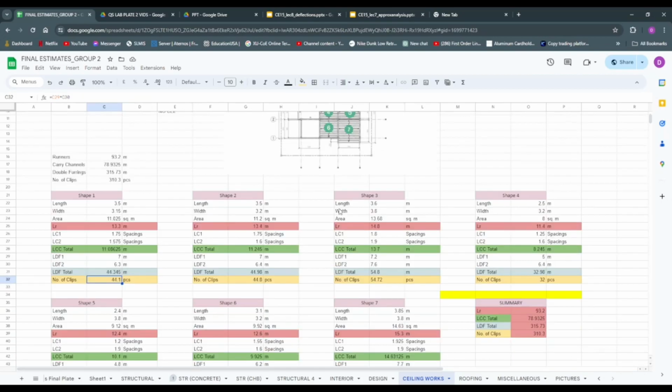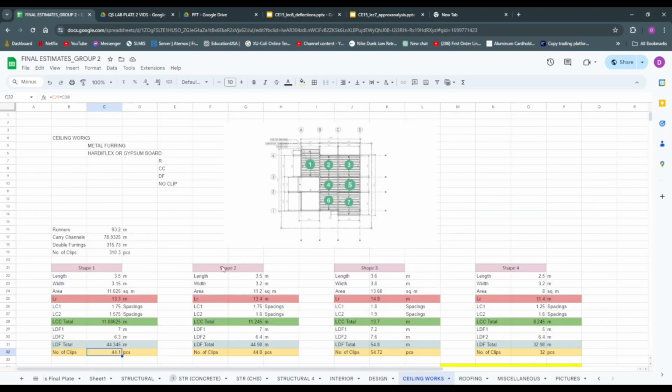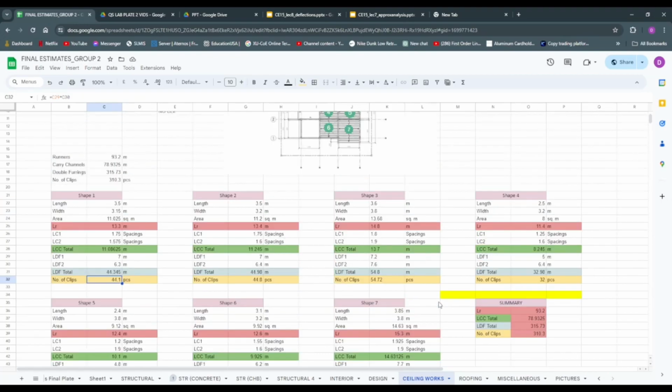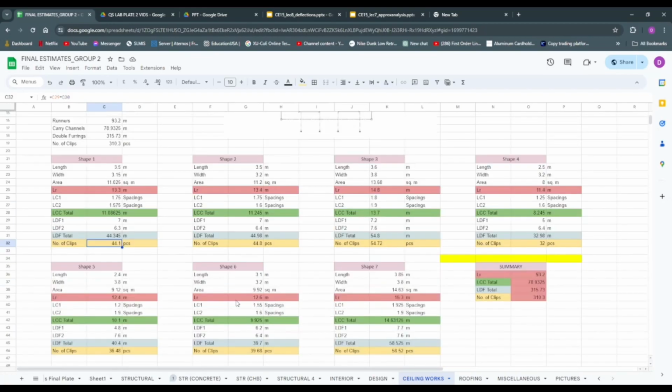I repeat the process for shapes 1 to 7, and you add all of the runners, carry channel, double furring, and clips, and we reach the value for the whole ceiling of the house. That's how you basically get that. That's it, sir.